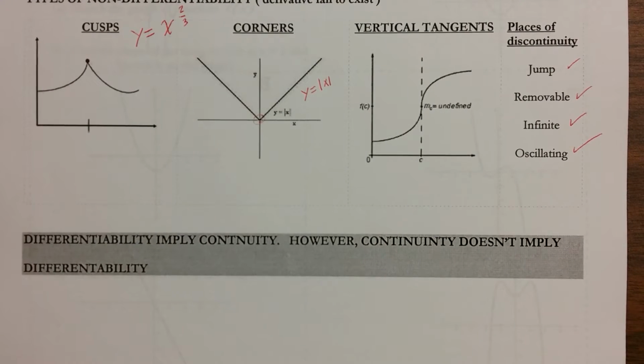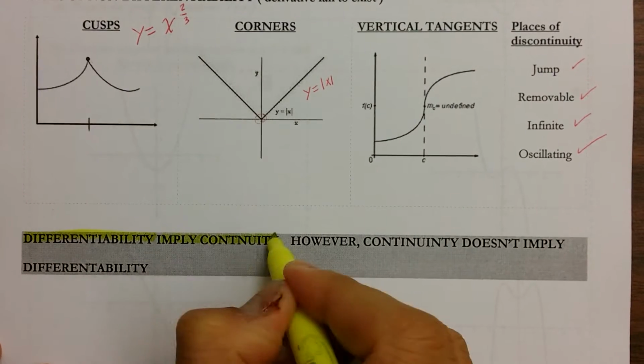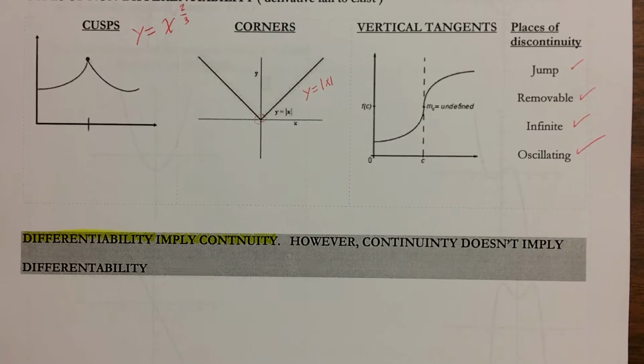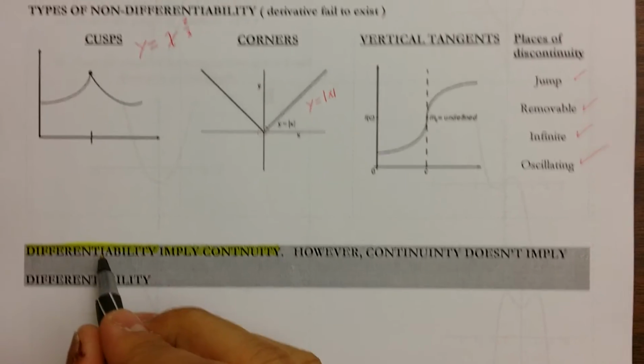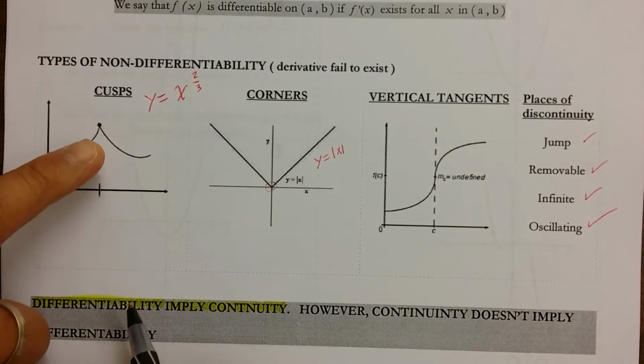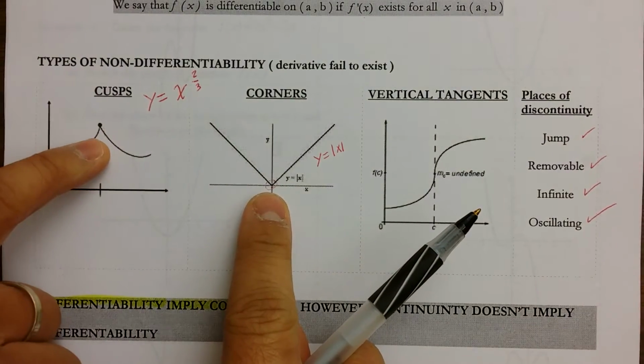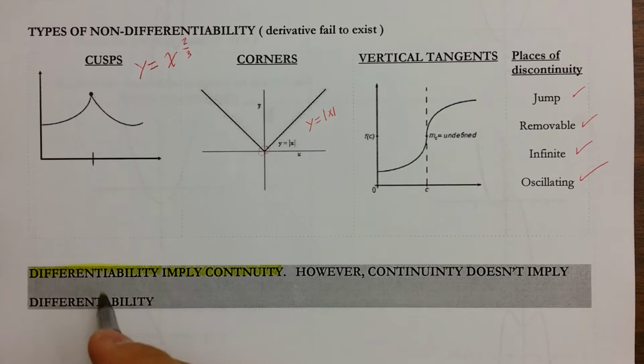Alright, so if a function is differentiable, then we know for sure that the function must be continuous. Because in order for a function to be differentiable, it can't have any corners or sharp turns. It has to be smooth.